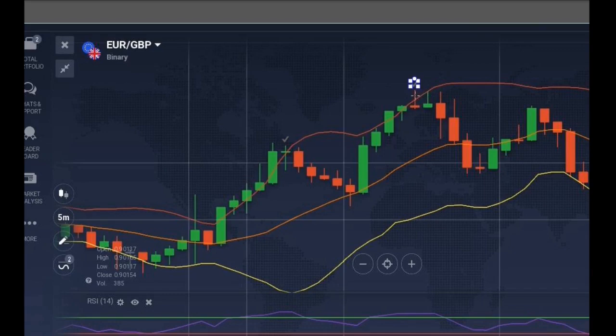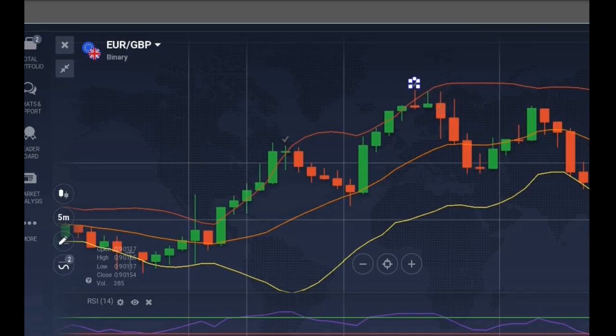Don't trade 4 minutes 56 seconds. Don't place an expiry on 4 minutes 56 seconds. Never place the expiration time at 4 minutes 55 seconds. Make sure that the 5 minutes is complete. So you place the trade, you place the expiration time at a full 5 minutes, which is this.